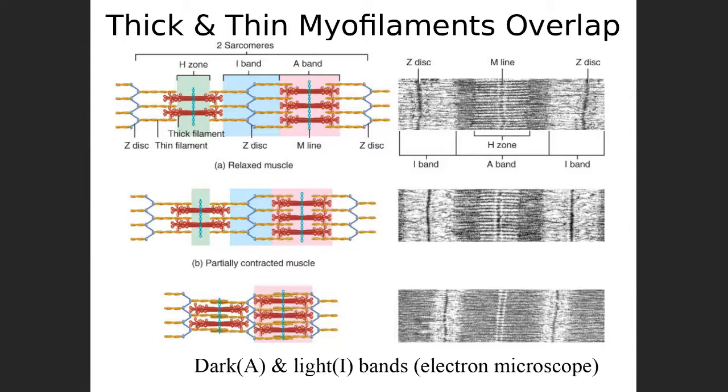We've got the fibers sliding over each other. That's how they work. They don't concertina up like we used to think. They slide over each other. And that's the sliding filament theory between the actin and the myosin filaments.